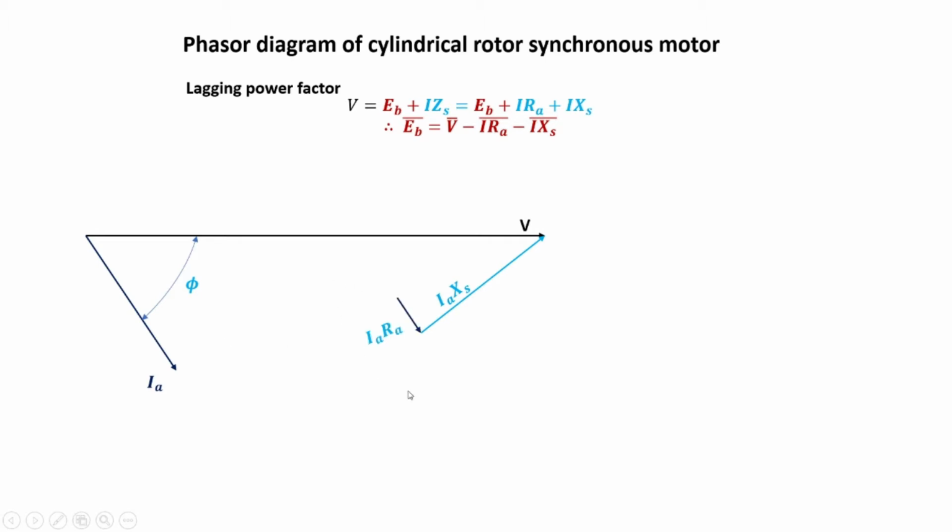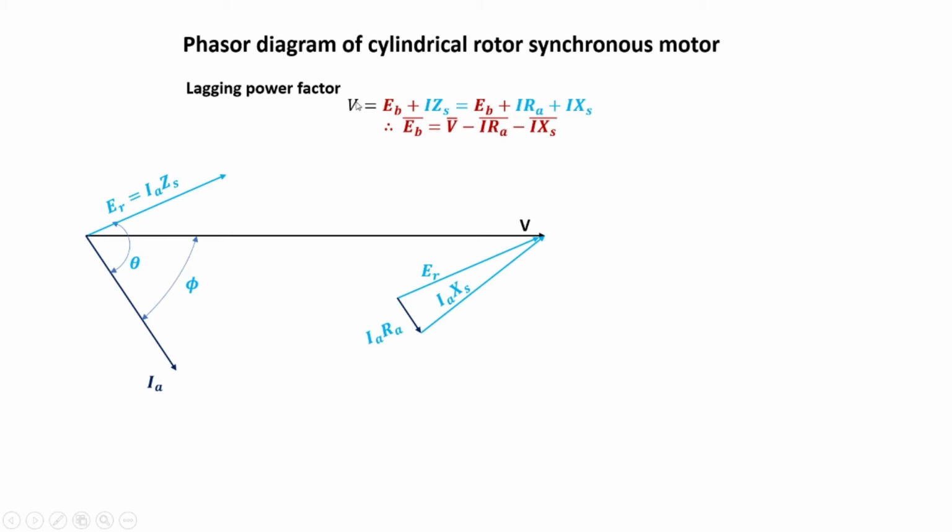The resultant of IARA and IAXS is the resultant voltage available in the armature winding, that is IAZS, which is equal to the resultant voltage ER. This resultant voltage IA into Zs leads the armature current by an angle theta, where theta is equal to tan inverse XS by RA.